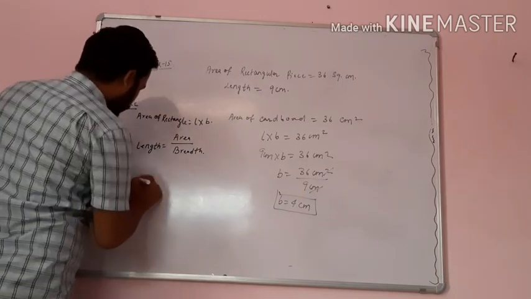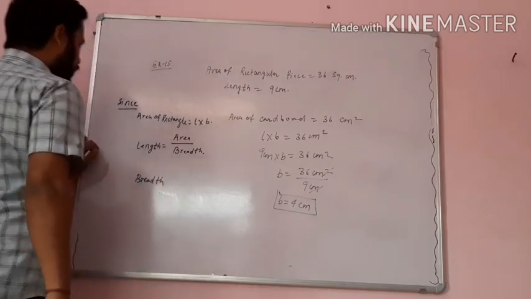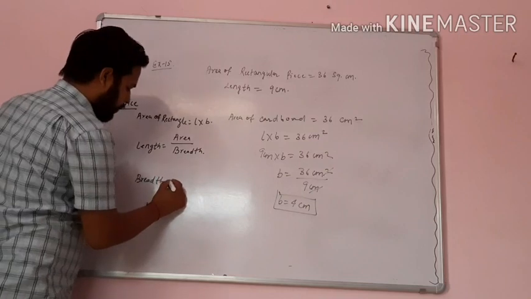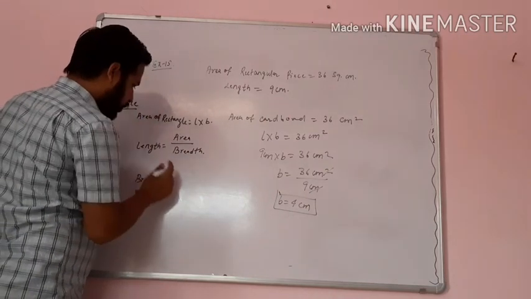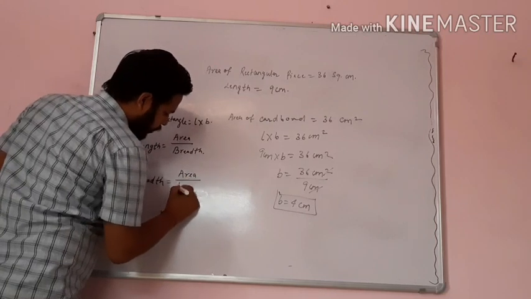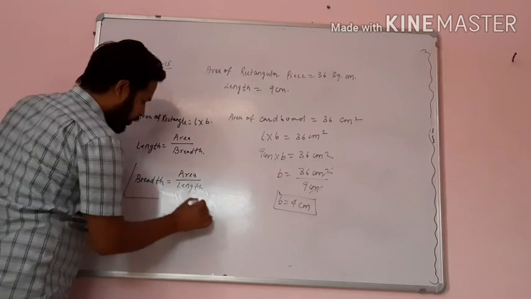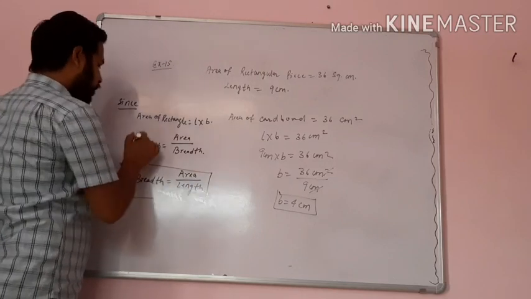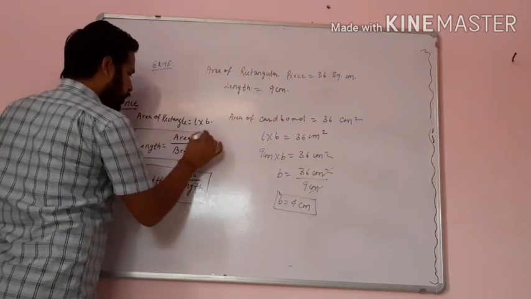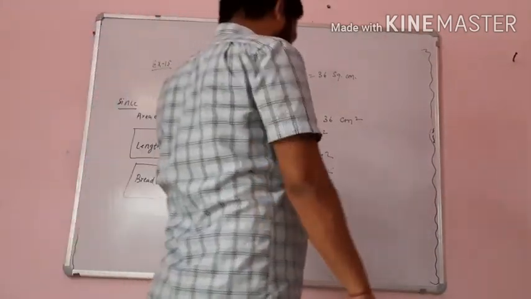Now when we have to find breadth, the formula will be area upon length. You can also write this formula, so it will be very easy to find length and breadth when area is given in the case of a rectangle.